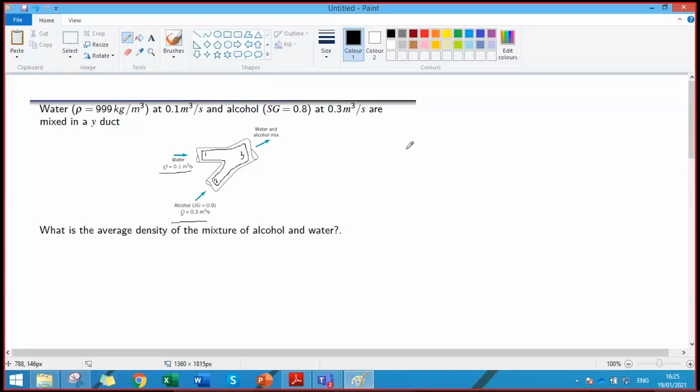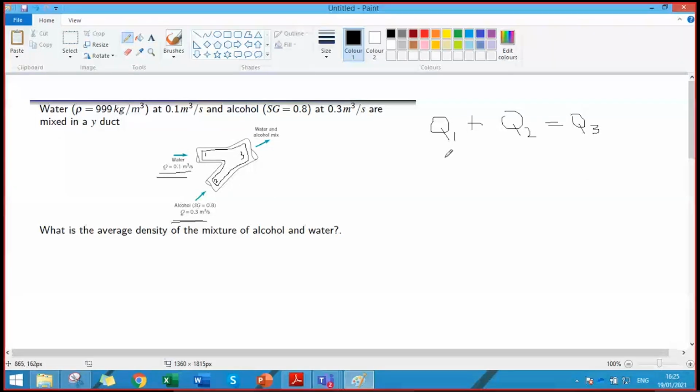According to the continuity equation, if this flow is incompressible, Q1 plus Q2 should be equal to Q3, and we know Q1 and Q2, right? Yes, sir. Q3 should be equal to 0.4 meter cube per second.